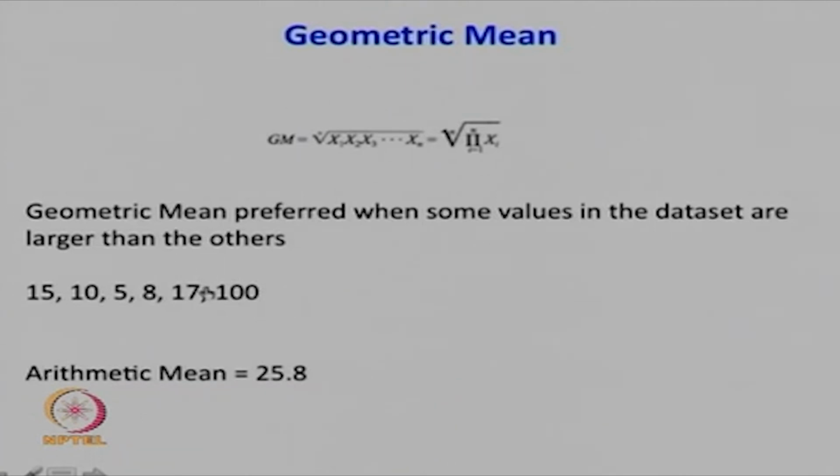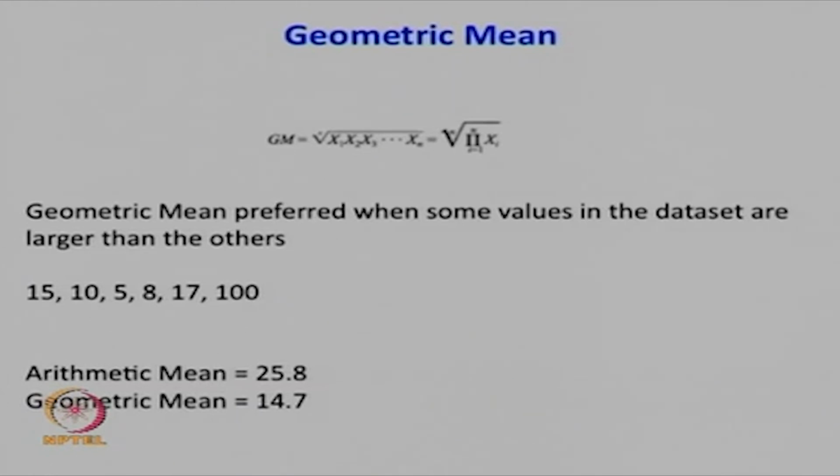The alternative, if we calculate the geometric mean, gives me the value of 14.7, which is much closer to this population. So, this is an example which shows that geometric mean is much less sensitive to outliers compared to the arithmetic mean.